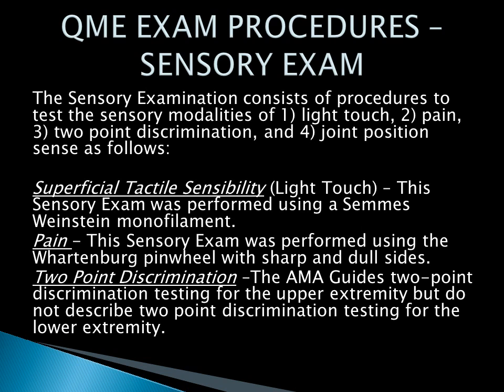The AMA guides do not reference two-point discrimination testing for the lower extremities, but they certainly are clear that two-point discrimination testing is required in the upper extremities, at least for evaluation of carpal tunnel syndrome, and at least for the evaluation of lesion to digital sensory nerves.